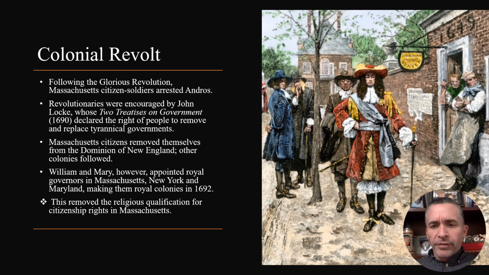The revolutionaries were justified by John Locke. Now, John Locke, the philosopher that we talked about, was an Enlightenment philosopher, and he preached natural rights, life, liberty, and property.